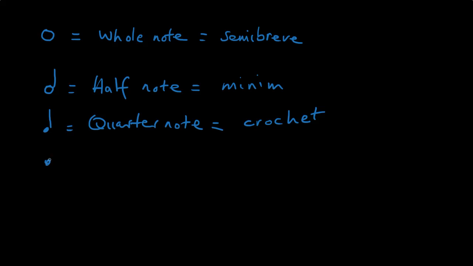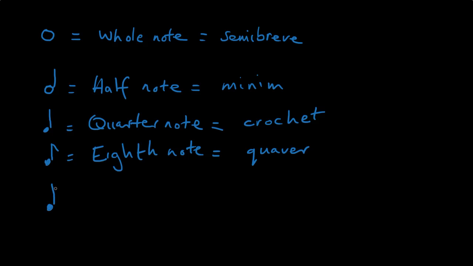And we'll do a couple more. So the 8th note, and of course we get 8 of these for every whole note or semibreve. I would call that a quaver. And let's just do one more.